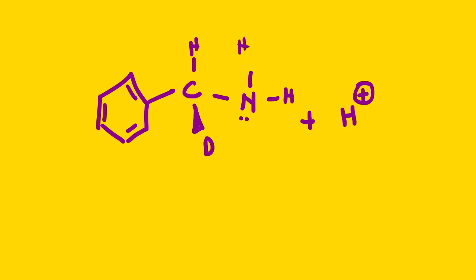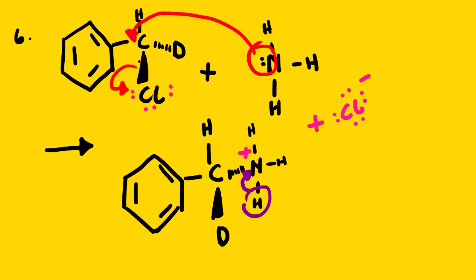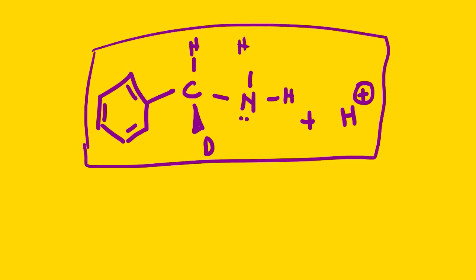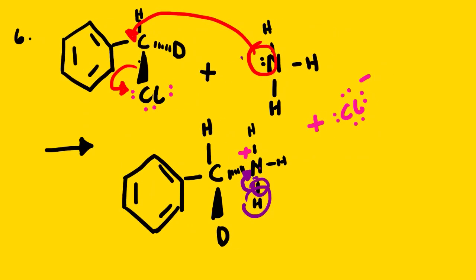So we are going to have something like this, the reaction that I've just explained here. The two electrons which are bonding nitrogen and hydrogen will be taken by nitrogen, and as a result we are going to have something like this. And then this whole thing, we consider it as a unit. We are going to react this with another ammonia, the very same nucleophile that we have here, which is this one.